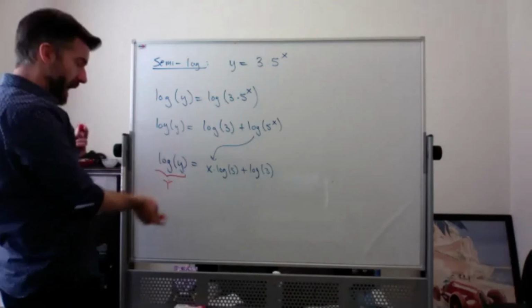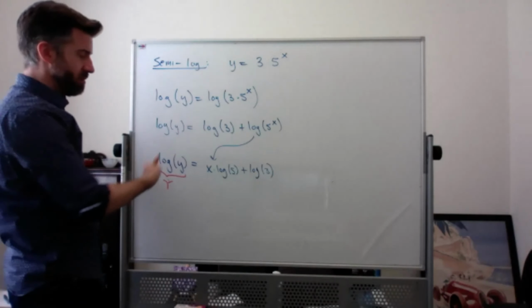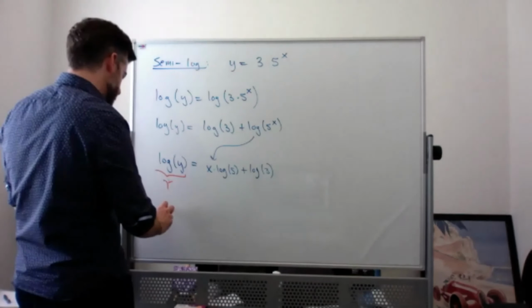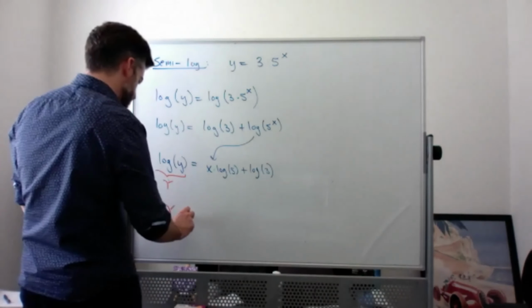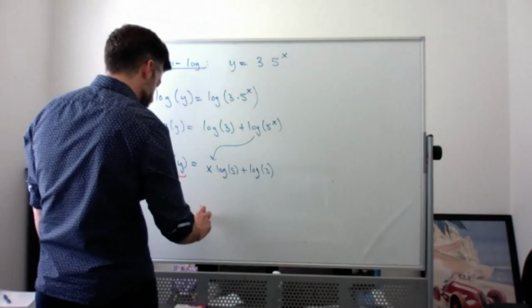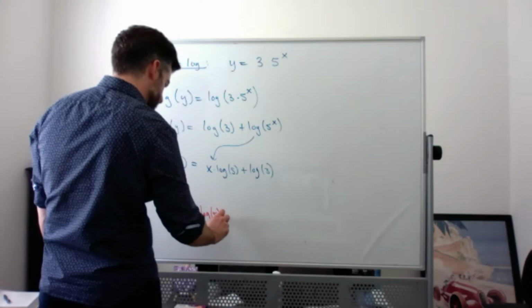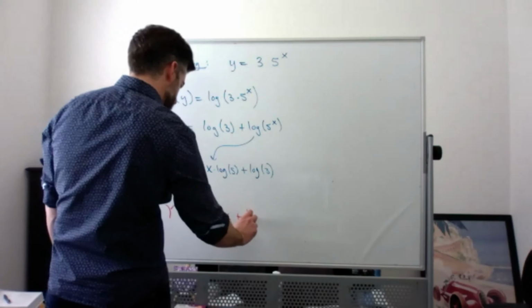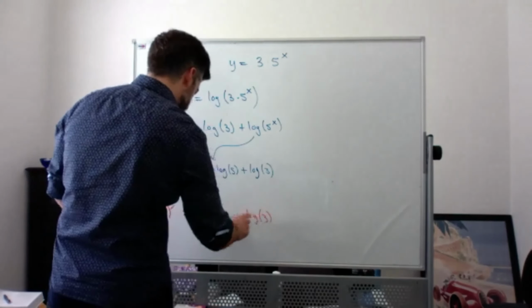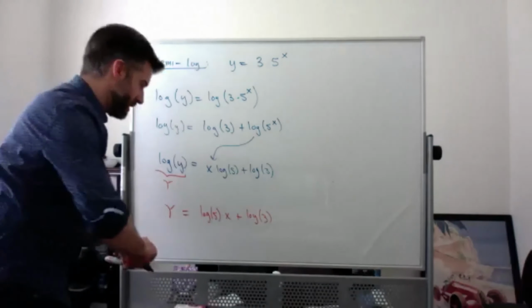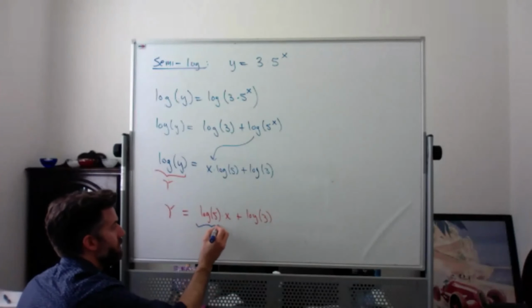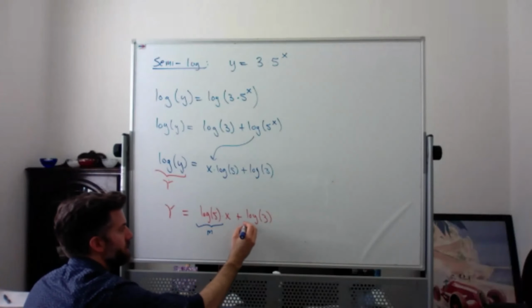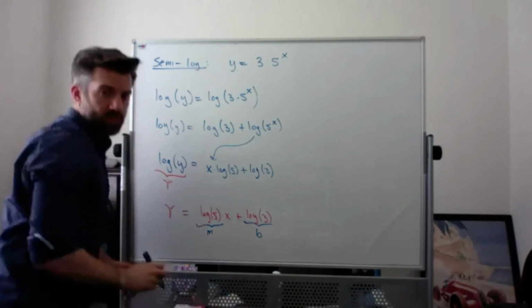You're replacing half of the things with their log equivalent, but not the other. So this looks like the equation Y equal to log of 5 times x plus log of 3, which looks like a linear equation, y equal to mx plus b.